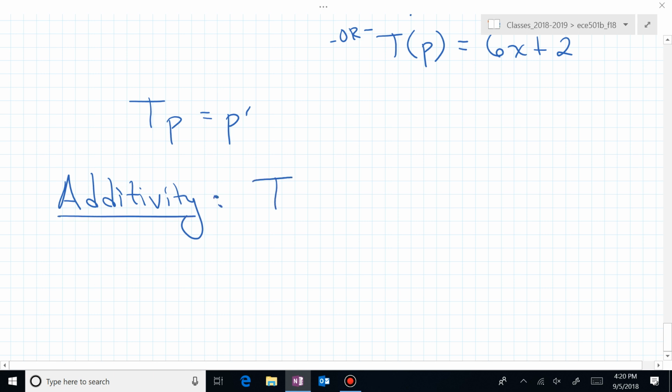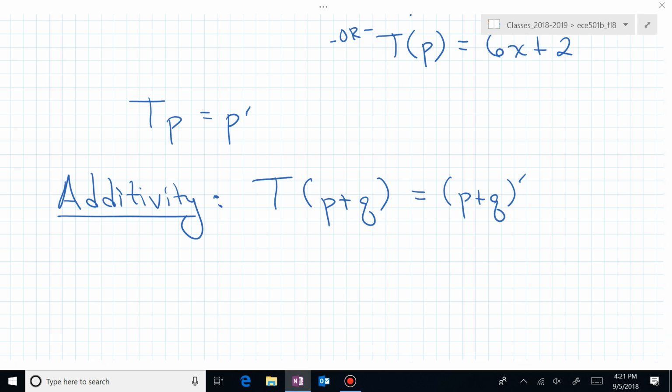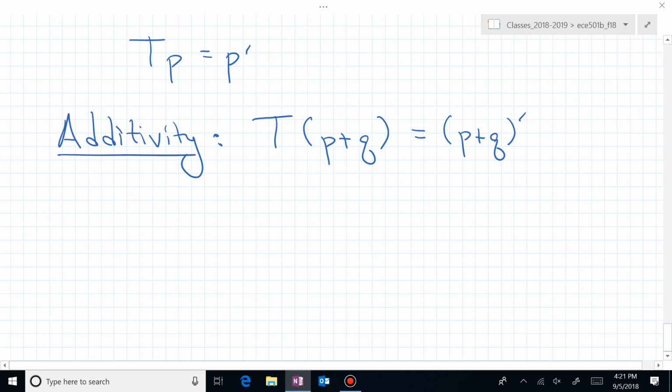That says if we have this differentiation map T applied to the sum of two polynomials, p and q, that's equal to the derivative, the prime, of p plus q. But now you know what p plus q's derivative looks like in terms of p and q.